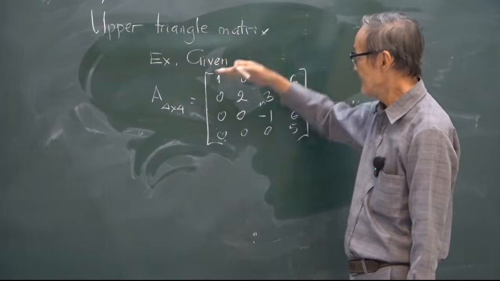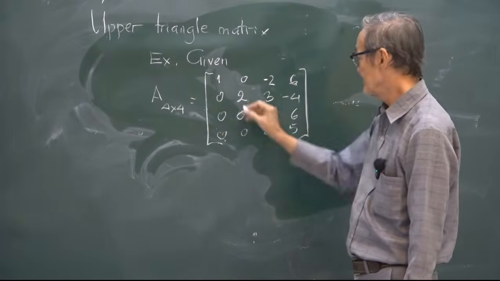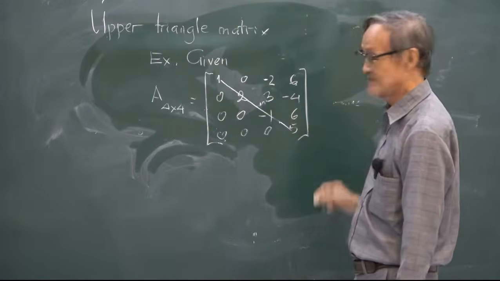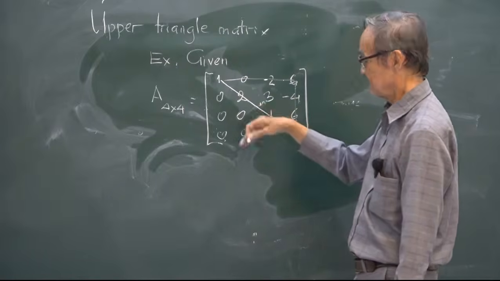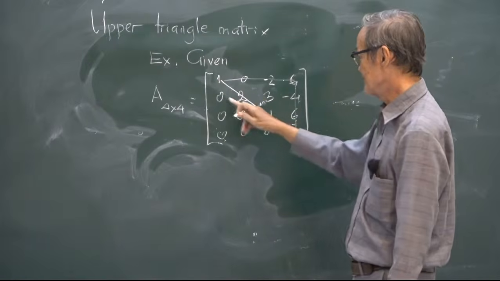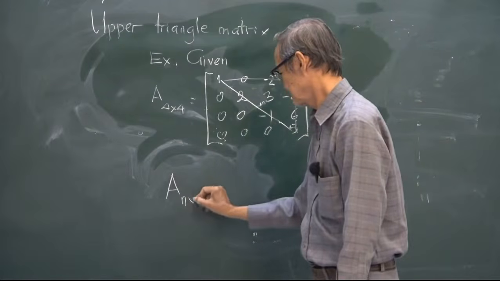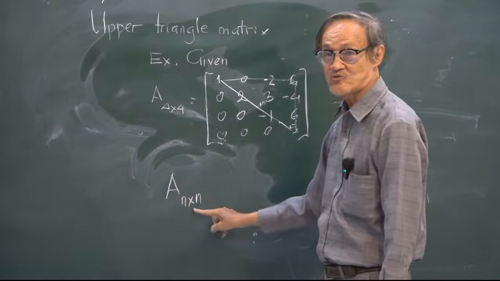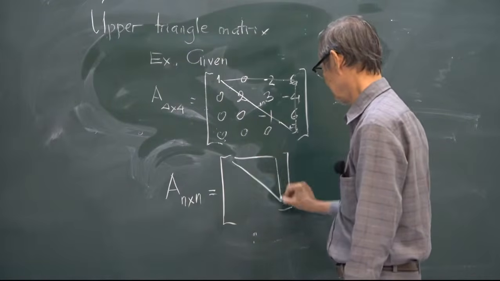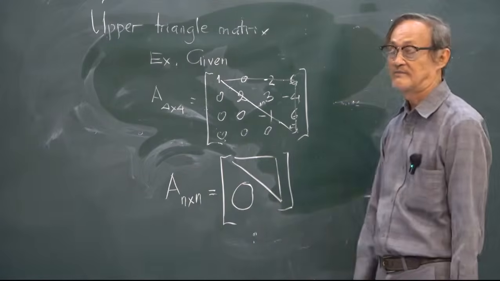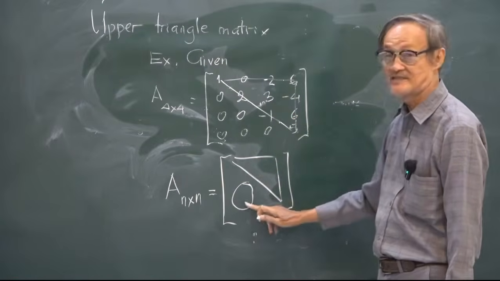Number of rows equals number of columns. So we have the main diagonal, and below the main diagonal are zeros. All elements below the main diagonal are zero.